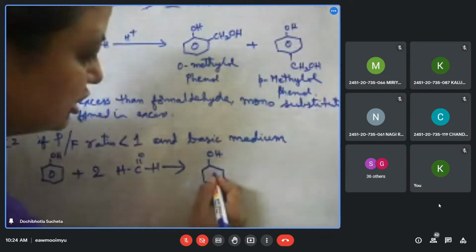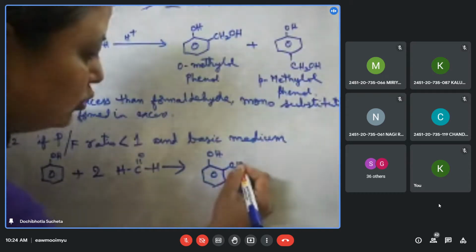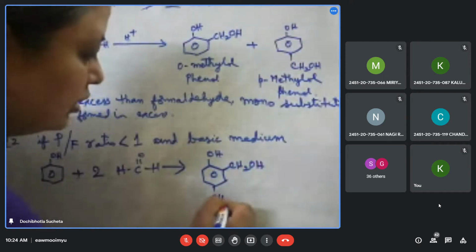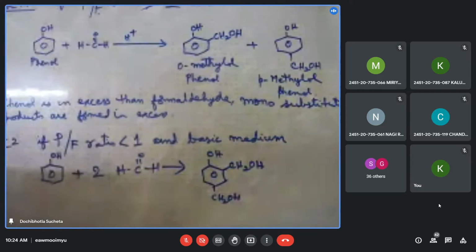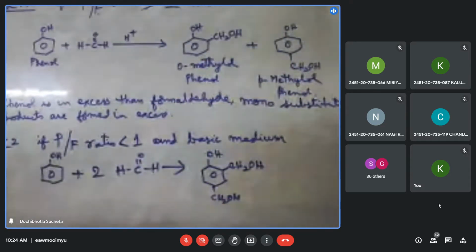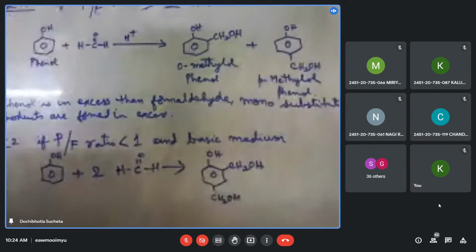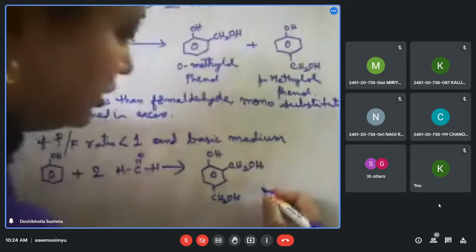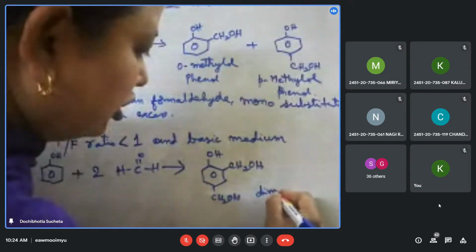Just put one CH2OH at ortho and the other one at para. Is the board clear? Now it is called dimethylolphenol.